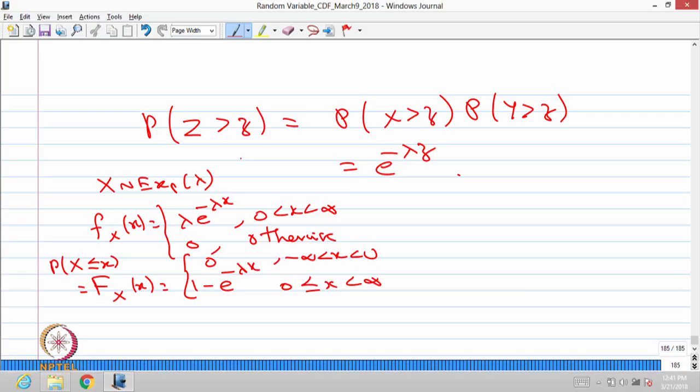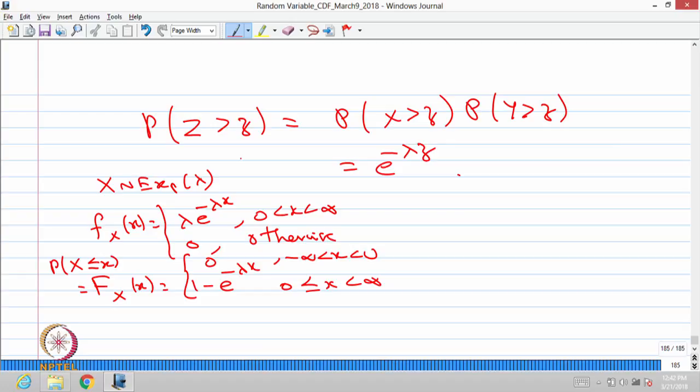Similarly, y is also exponentially distributed with the parameter mu. The similar derivation gives e power minus mu times z. So the conclusion is e power minus lambda plus mu times z when z is greater than 0.